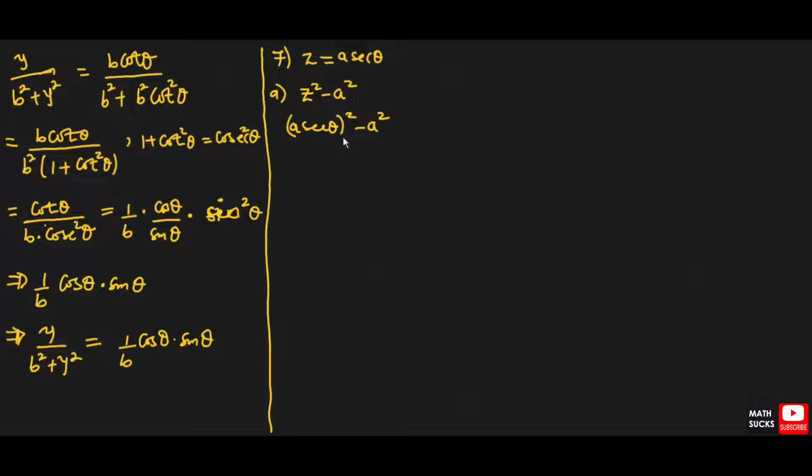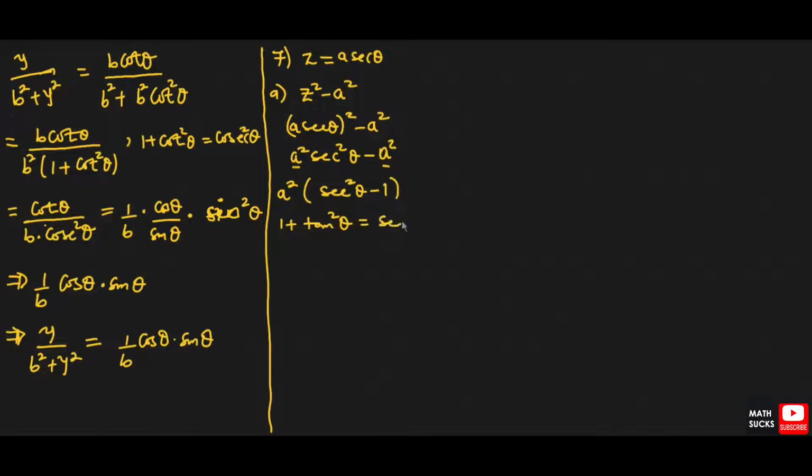So we'll have a sec of theta squared minus a squared, and so we can open up: this is a squared sec squared of theta minus a squared. Observe there's a common factor a squared, so pull that out, which gives you a squared times sec squared of theta minus 1.